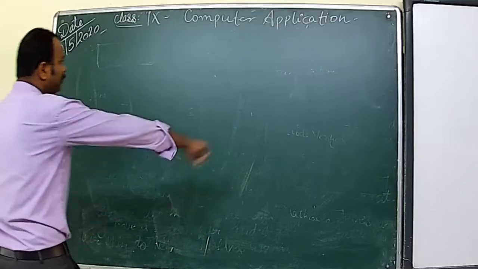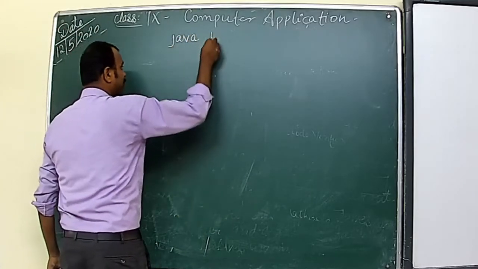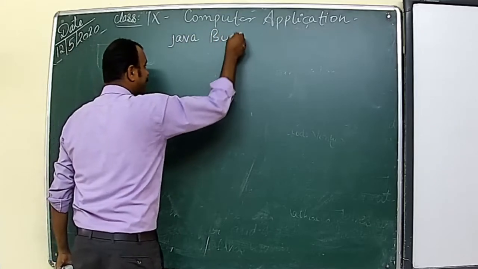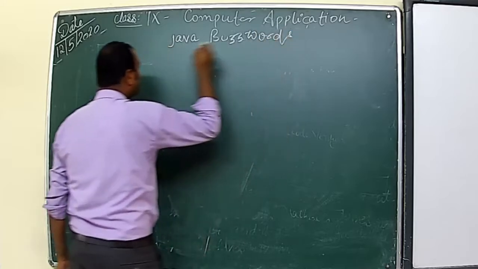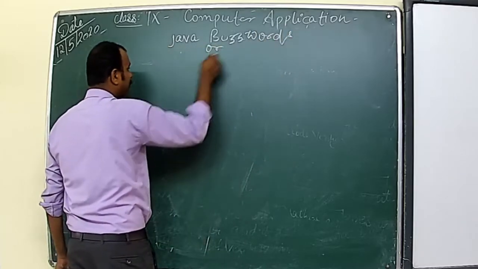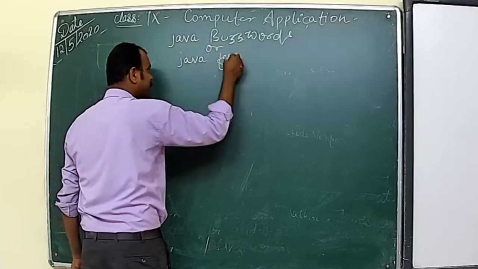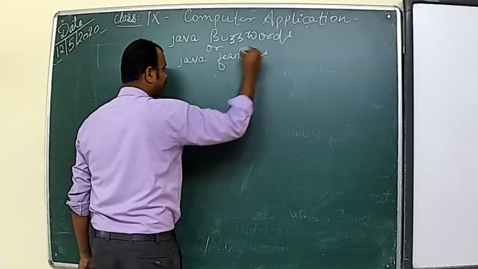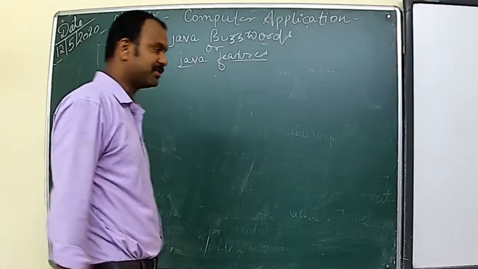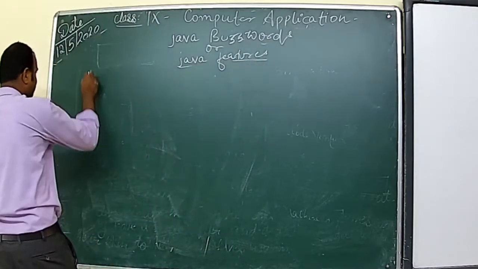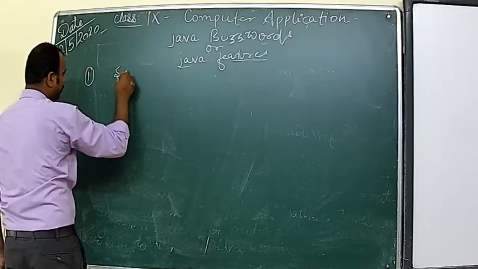Now, let's go to Java buzzwords, or Java features. Both are the same. The first Java feature is simple.